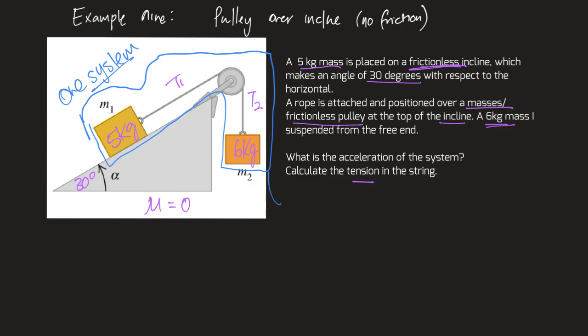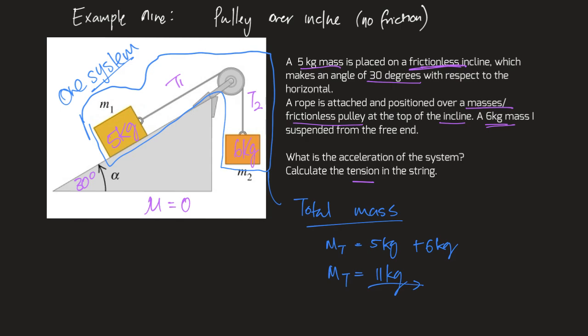And if there's one system, it means there's a total mass. So M total is equal to 5 kilograms plus 6 kilograms, and we end up with a mass total of 11 kilograms for our calculations. That means that if the system has a certain acceleration, each mass individually has that same acceleration.